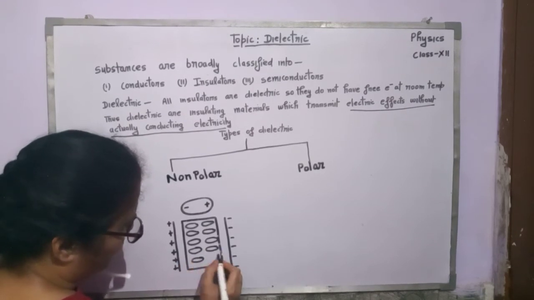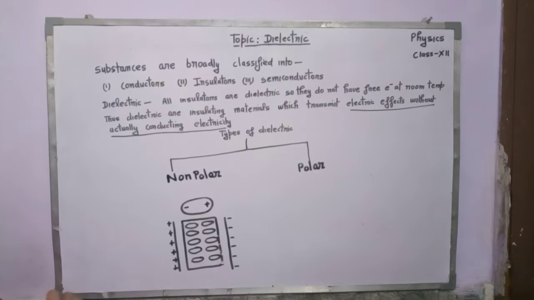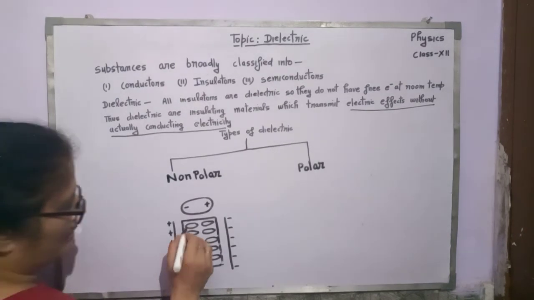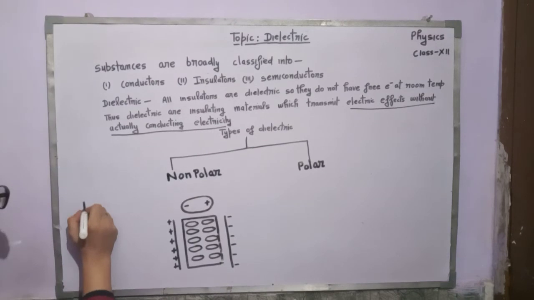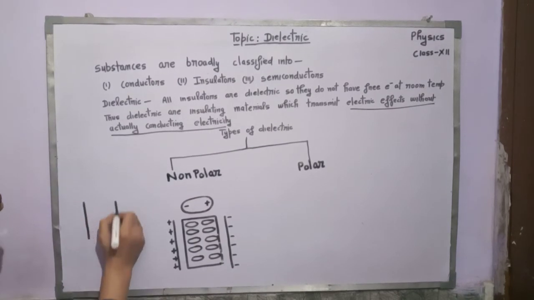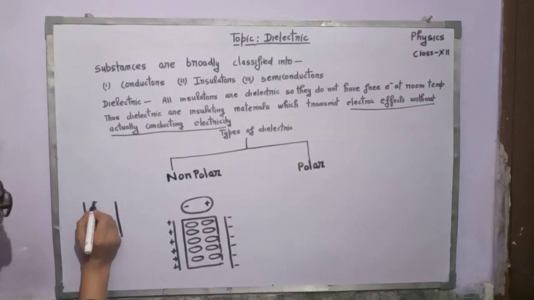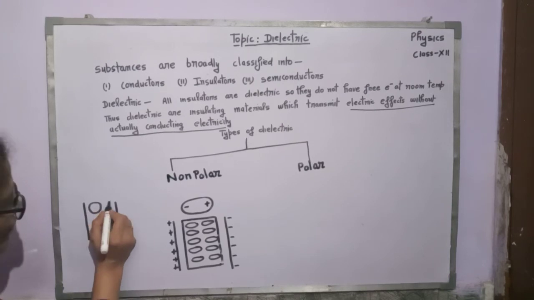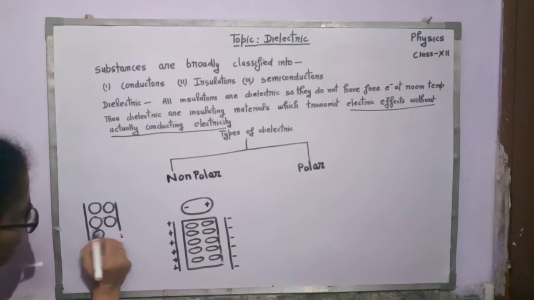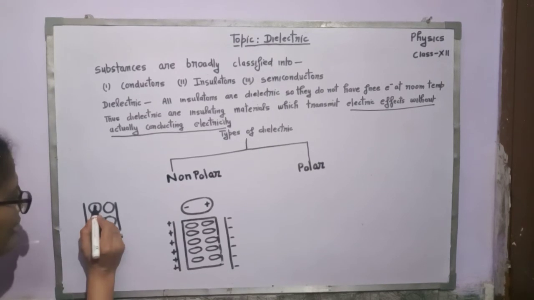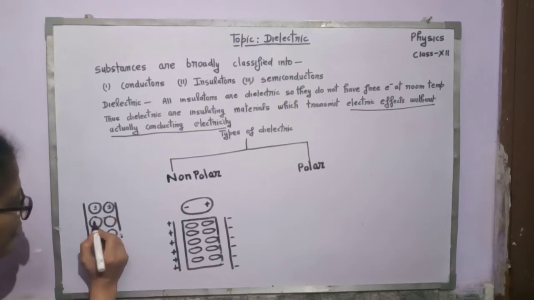Now when no electric field is applied, what is the actual situation? It is spherical in shape, and the positive and negative charges are coinciding with each other.